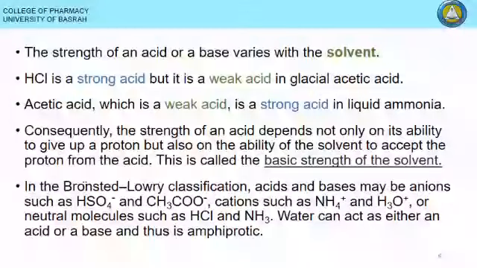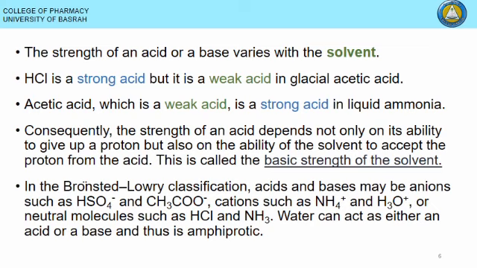Here we talk about how the strength of an acid or base is affected by the solvent, what we call the basic strength of the solvent. We mainly focus on the material: it is a strong acid when it has the ability to give the proton, and at the same time we have a base that has the ability to accept the proton to a very high degree.